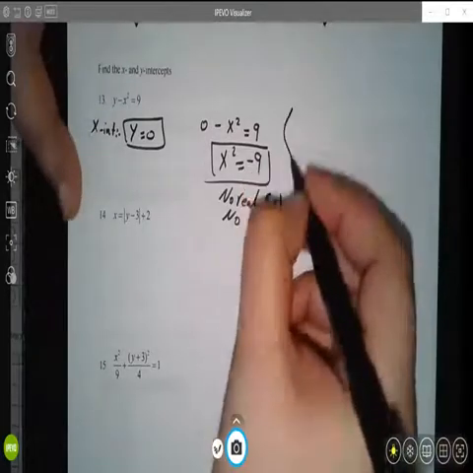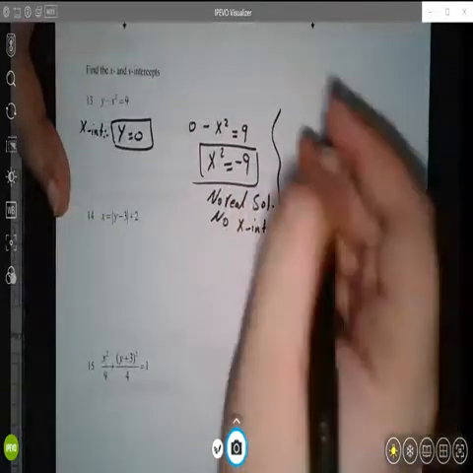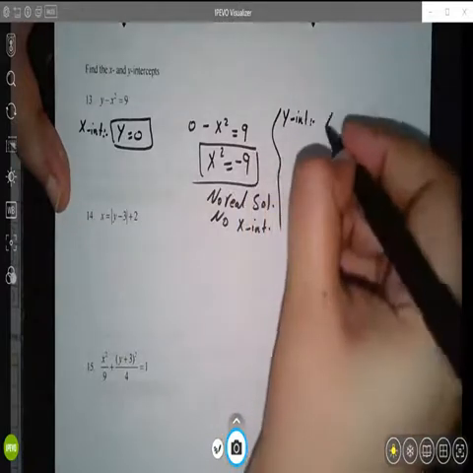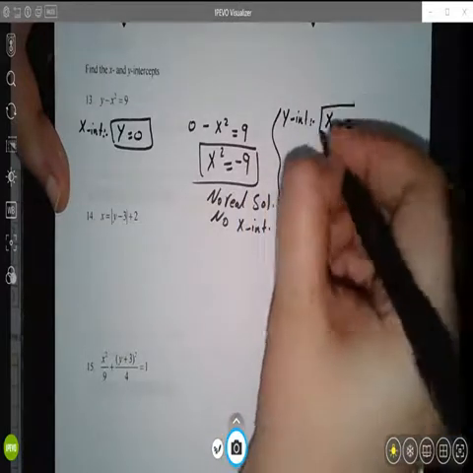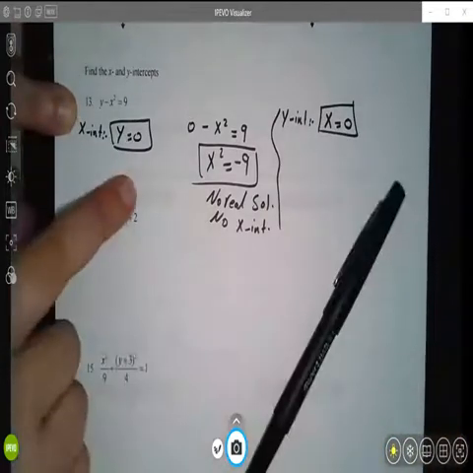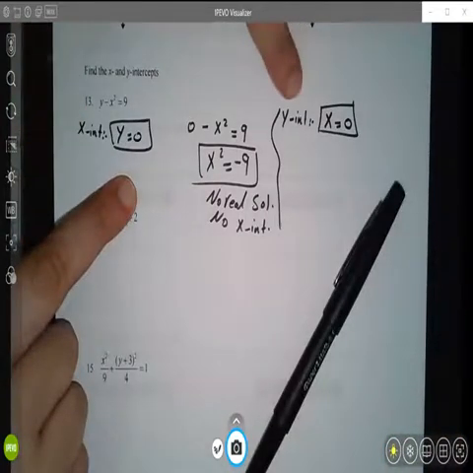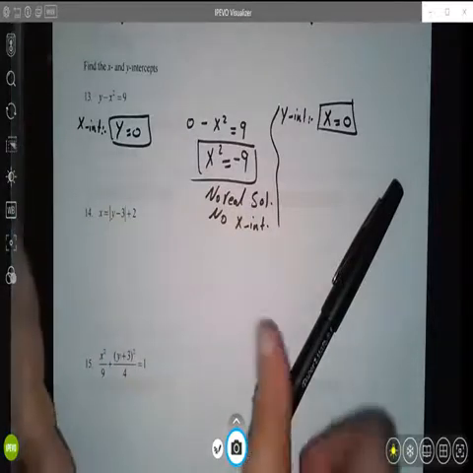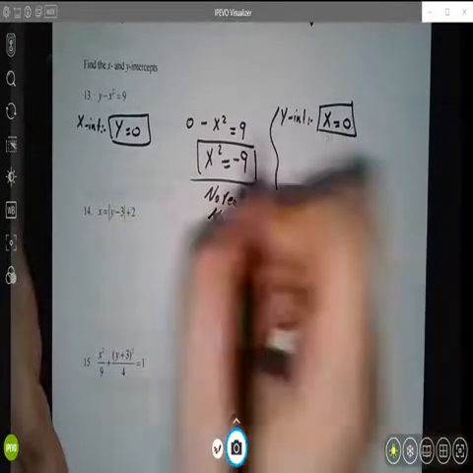So, all right. What about the y-intercept? I'm going to set x to be 0. Right? So when you're finding x-intercept, y is 0. When you find the y-intercept, x is 0. The opposite is going to be 0. Okay.